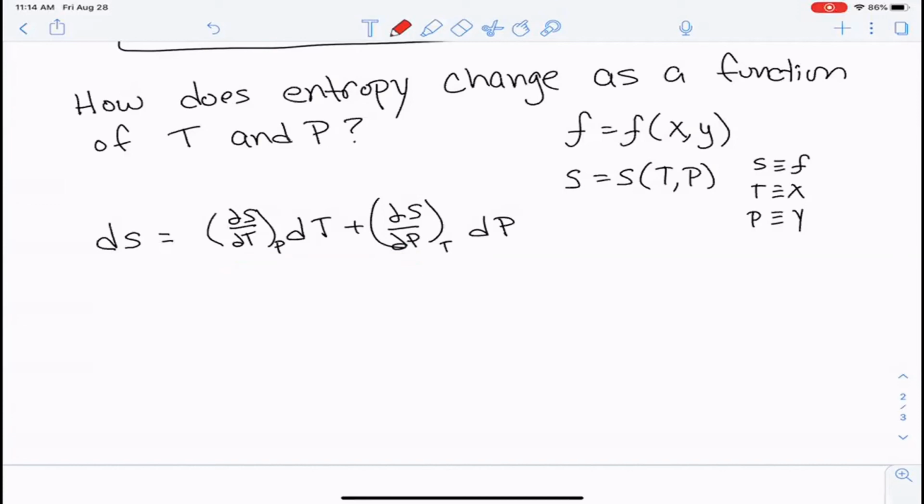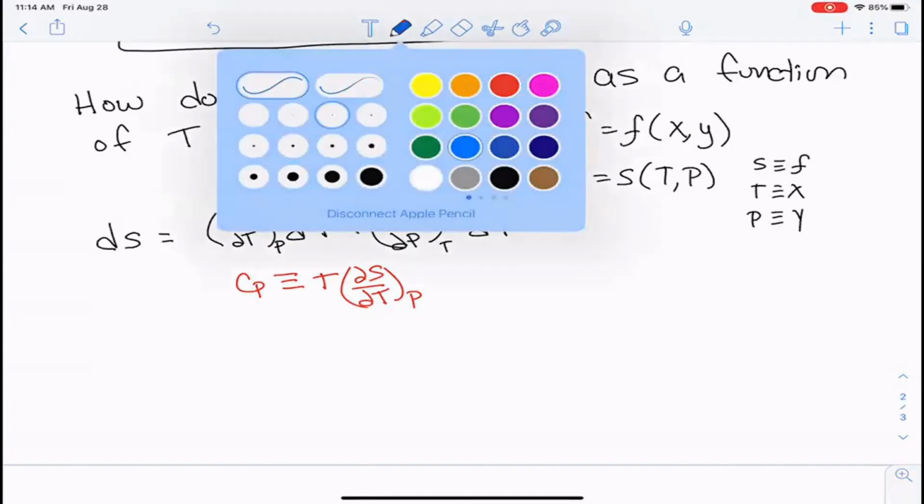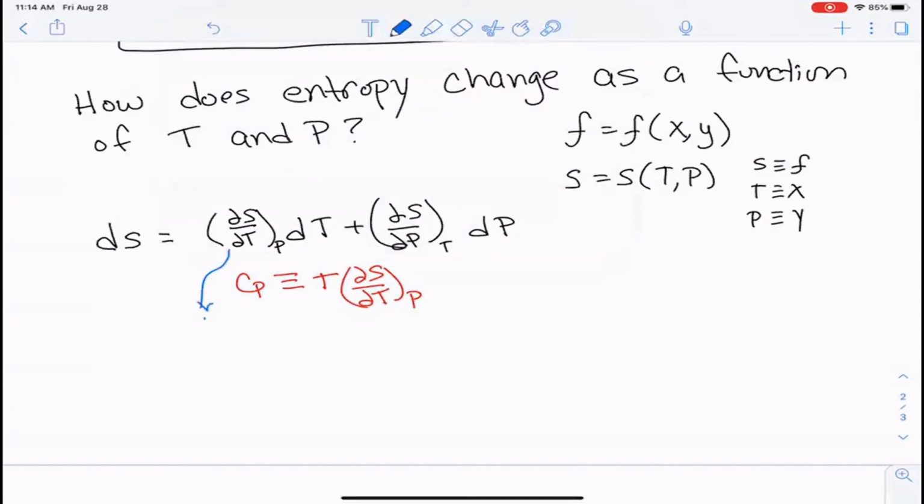But it turns out that the definition for the constant pressure heat capacity, right, because this is constant pressure, is actually T times dS/dT at constant P. That's the mathematical definition, which means that this term here is just Cp divided by T. And hopefully you guys have some feeling for what the heat capacity is, right?